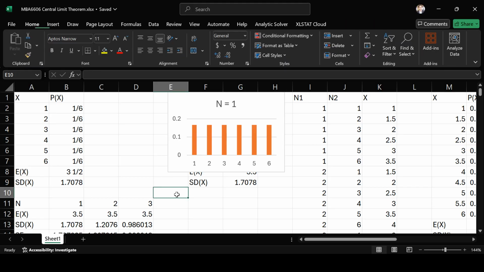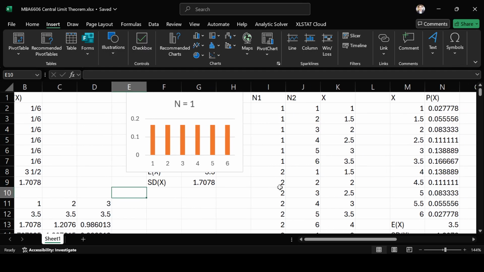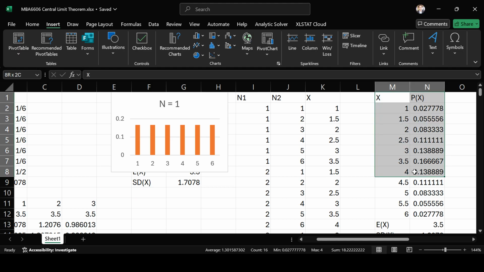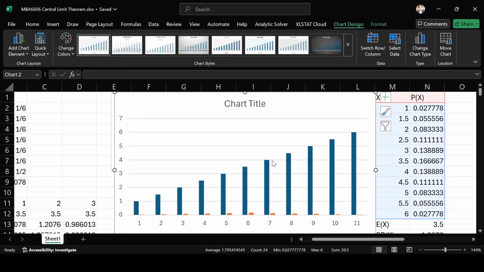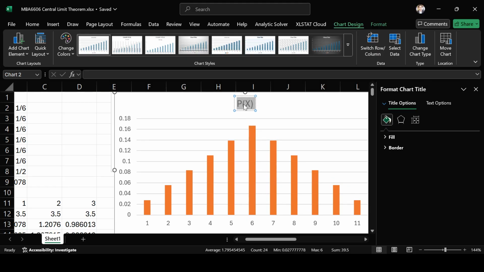Similarly, let's take this to a plot, like this, and n is equal to 2.